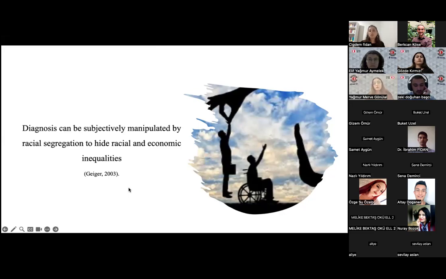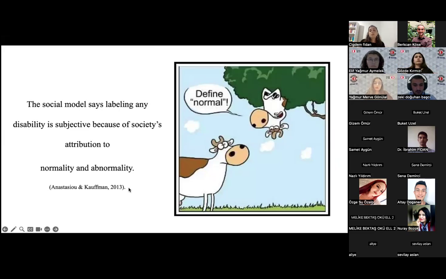In addition to relying only on a document, we should be able to communicate not only with parents and school administrators, but also with students themselves. The social model of disability also says labeling any disability is subjective because of society's attribution of normality and abnormality.